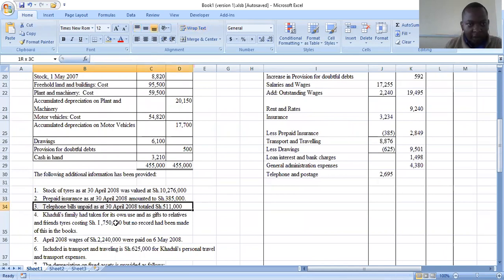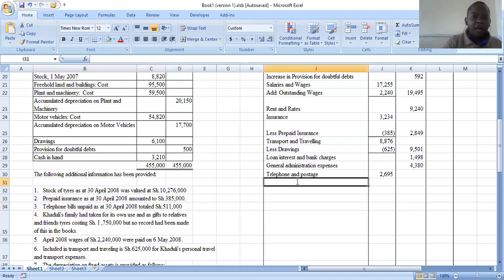This is an accrual. For accruals, we said the effect is that we have a gap. This gap must be filled by adding. So we add unpaid telephone bills, which amount to 511.